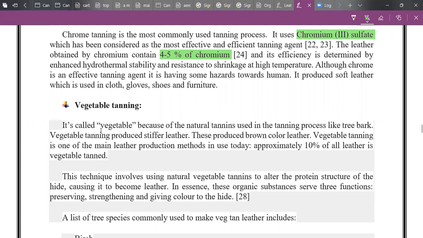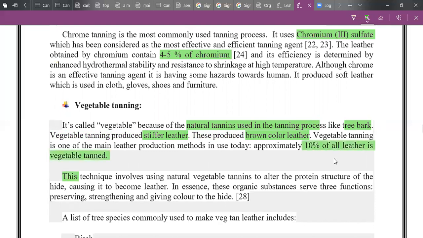Vegetable tanning. It's called vegetable because of the natural tannins used in the tanning process, like tree bark. Vegetable tanning produces stiffer leather. This produces brown color leathers, as we know that the color of tree bark is brown, so that's why they produce brown color leather. Vegetable tanning is one of the main tanning production methods in use today.